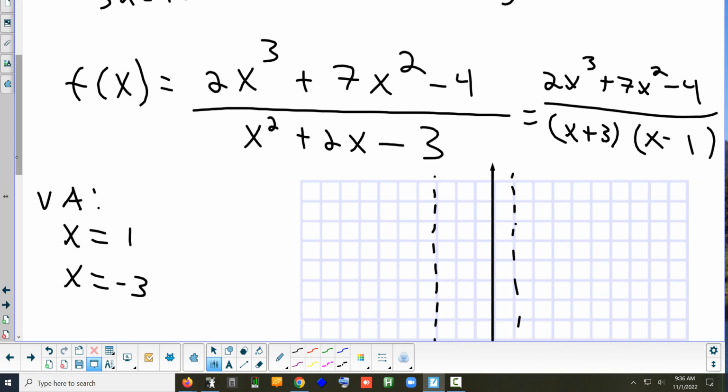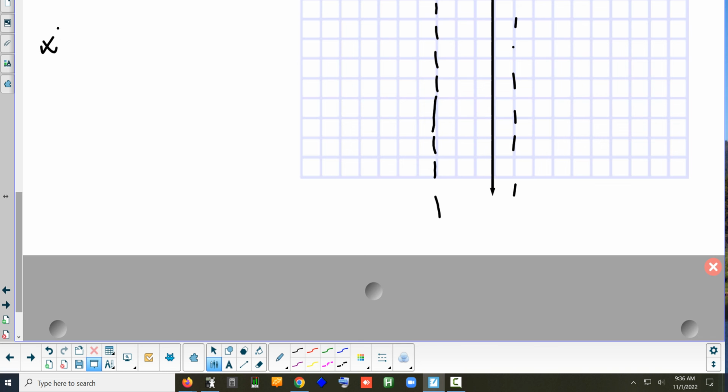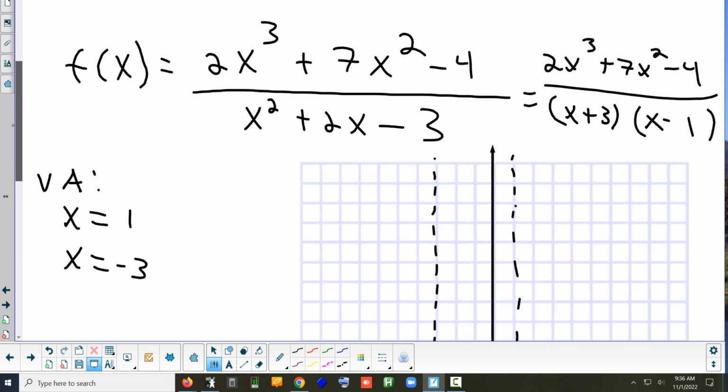Okay, so how do we find the EVA? Yep. Division. Can I use synthetic division this time? Denominator is way too complicated for synthetic division. So we're going to do x squared plus 2x minus 3.